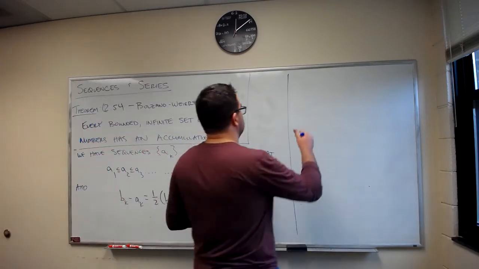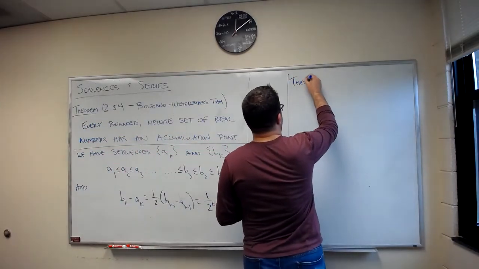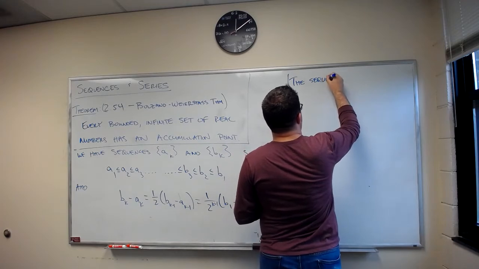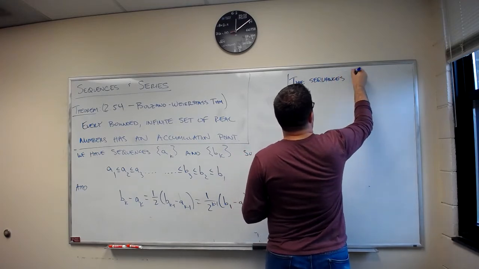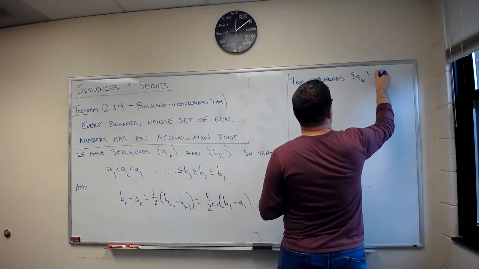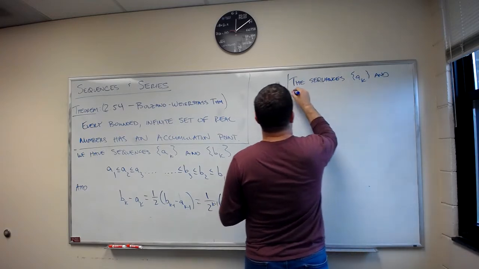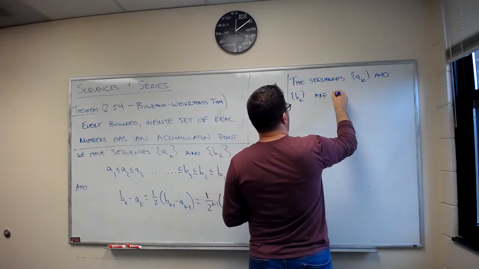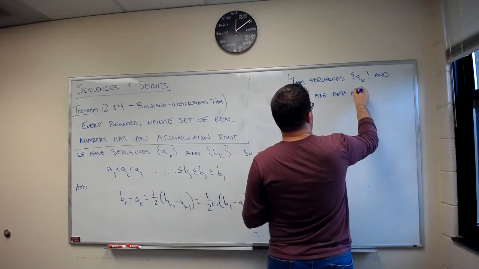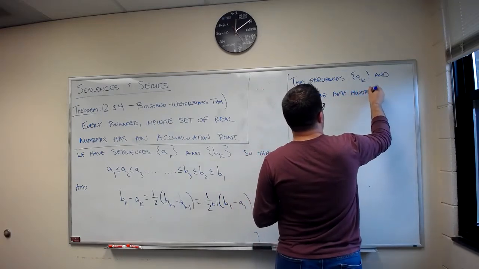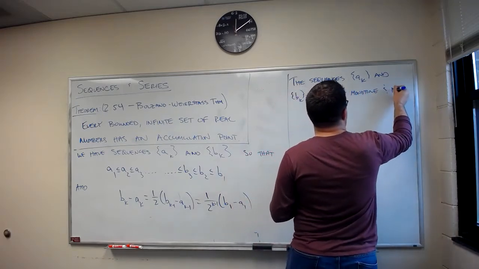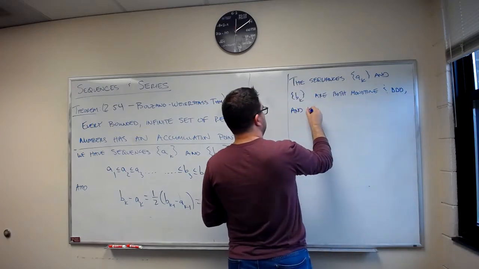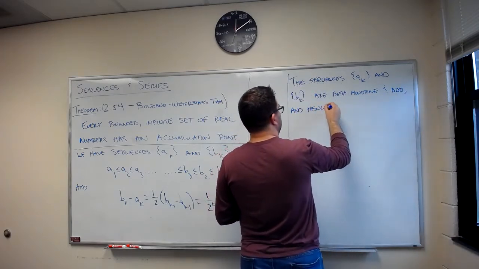So the sequences AK and BK are both monotone and bounded, and hence converge.